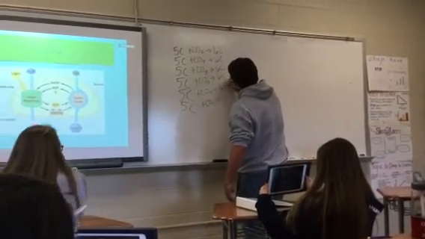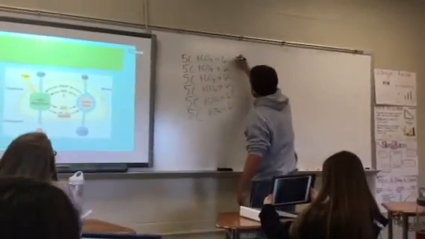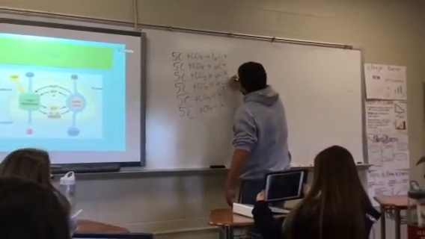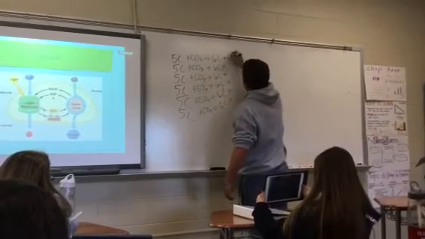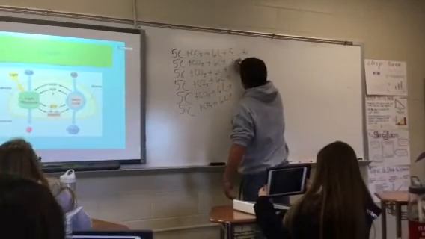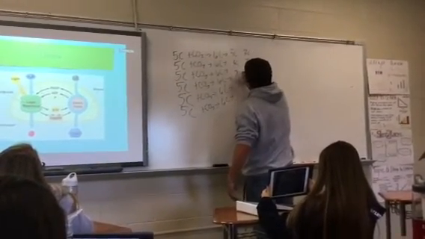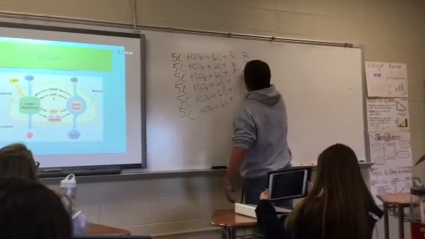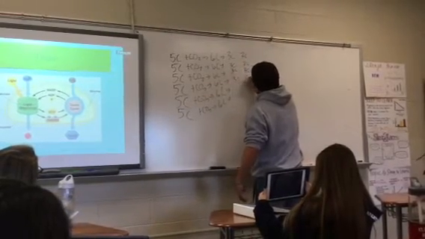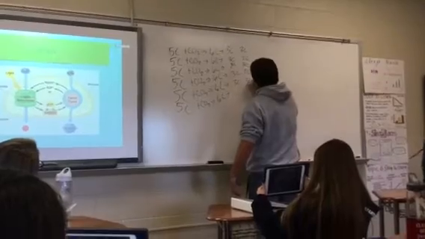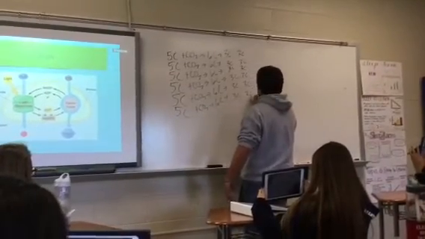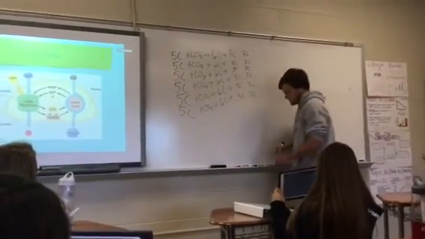Now, these 6 carbon molecules are incredibly unstable. And since they are unstable, they're going to break apart into 2 3-carbon molecules. Now this gives us a grand total of 12 3-carbon molecules.